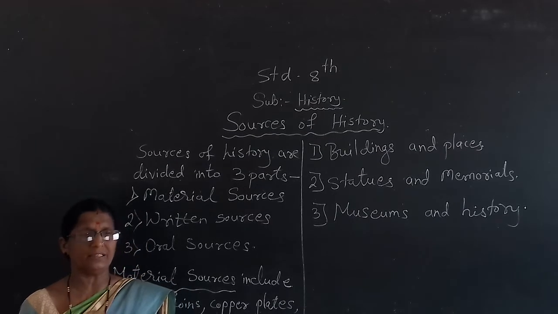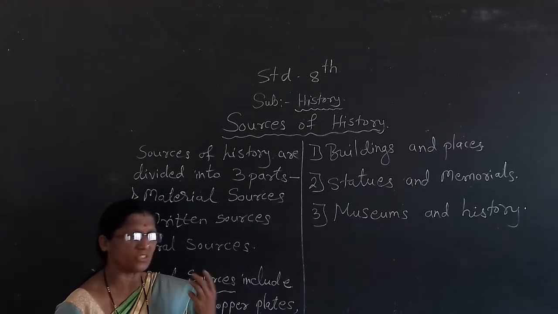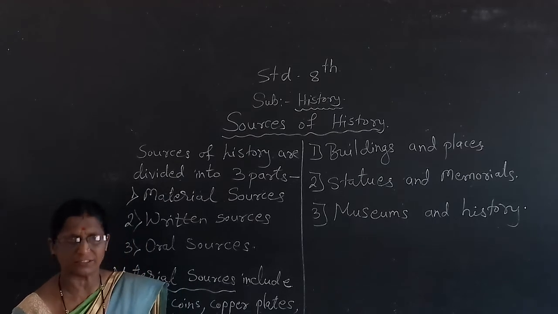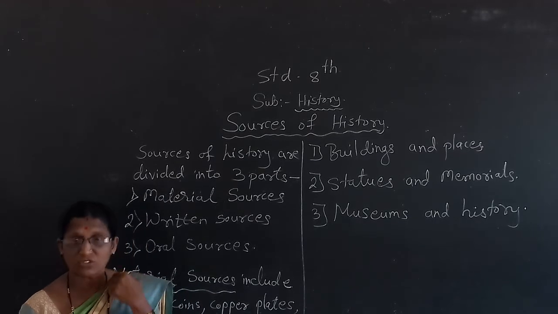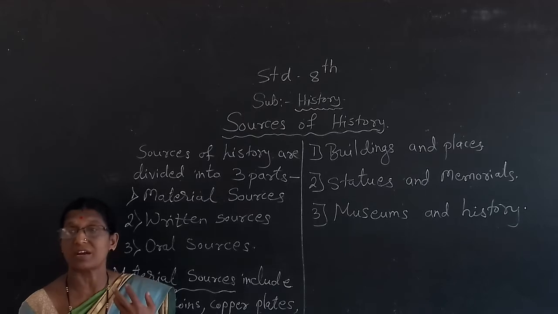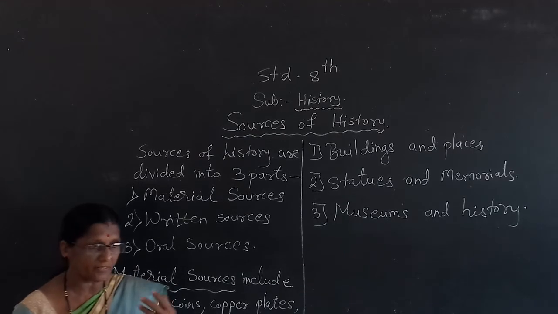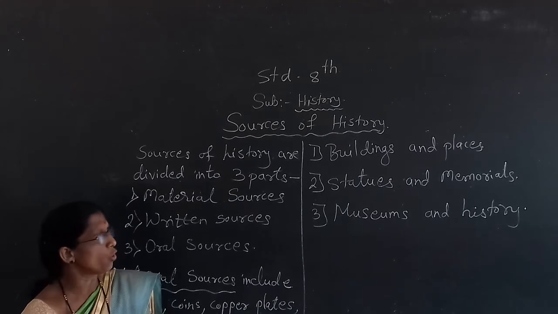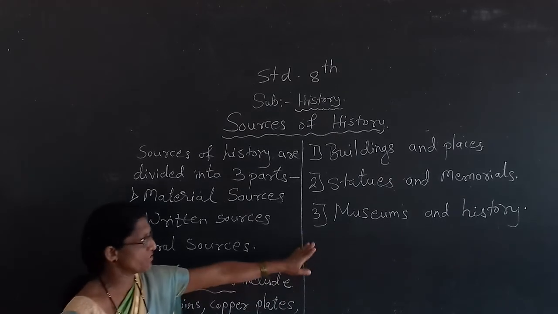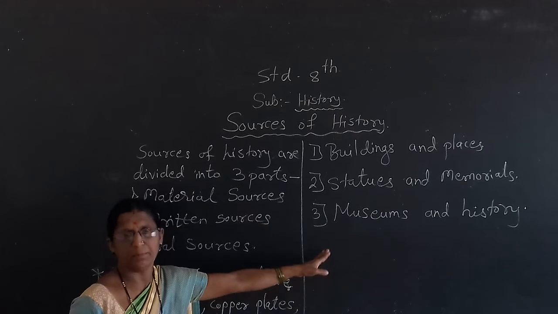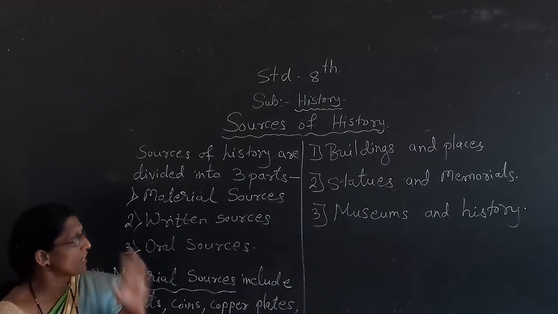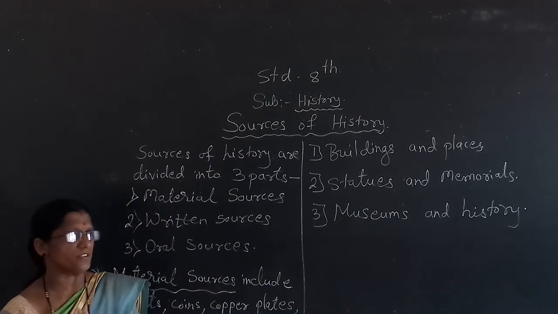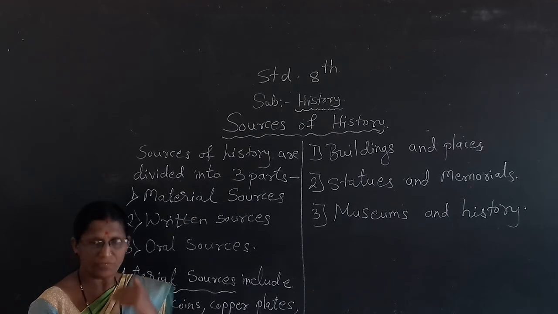We all know Mahatma Gandhi. He had started many satyagrahas. So all these things, whatever things he was using in those days, he had started a charkha of his own. He had given the people the idea to make cloth with their own hands. So all these things have been preserved in the museums, and the place in which things related to Mahatma Gandhi's life are kept, which we can see.